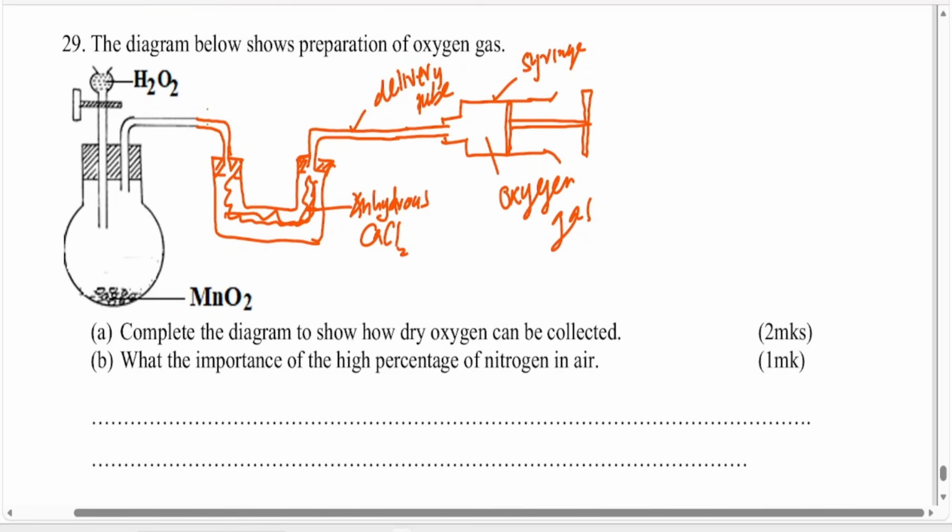Why do you think that nitrogen is important in the air, in the atmosphere? So one of the reasons for this high composition of nitrogen, 78%, is to help dilute oxygen, reducing the rate of combustion.